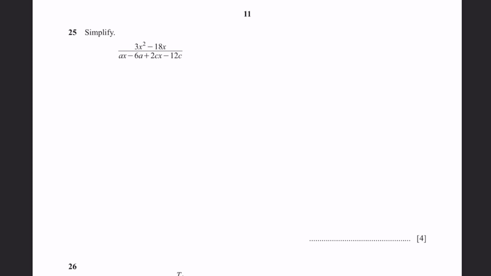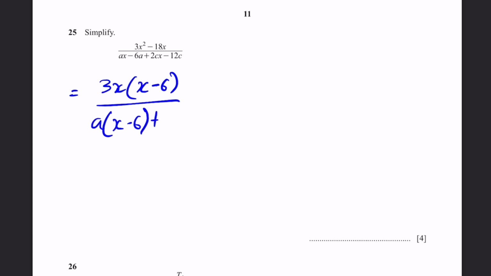Simplify 3x squared minus 18x by ax minus 6a plus 2cx minus 12c. We can first factorize this. So this will be equal to, let's factorize the numerator, 3x into x minus 6 by a into x minus 6, factorizing the denominator, plus 2c into x minus 6. We can see that there's x minus 6 everywhere, right?